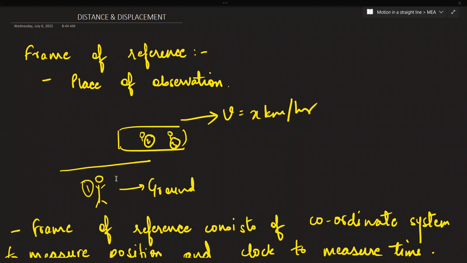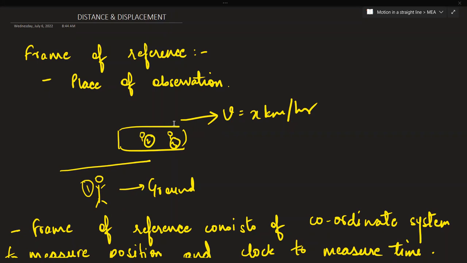Frame of reference means, like, this person is standing on the ground. These are two persons who are sitting within the train. Let's say the train is moving with a velocity of x kilometer per hour. This is passenger 2, this is passenger 3, this one is passenger 1.